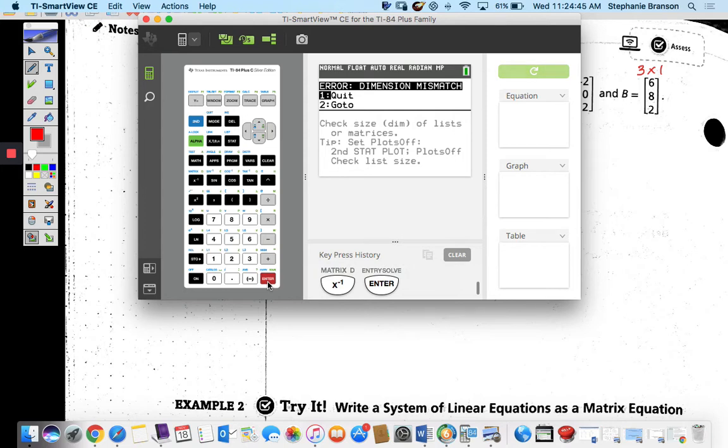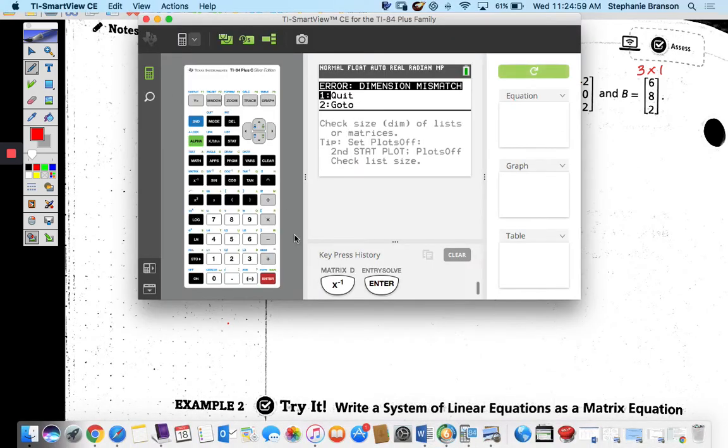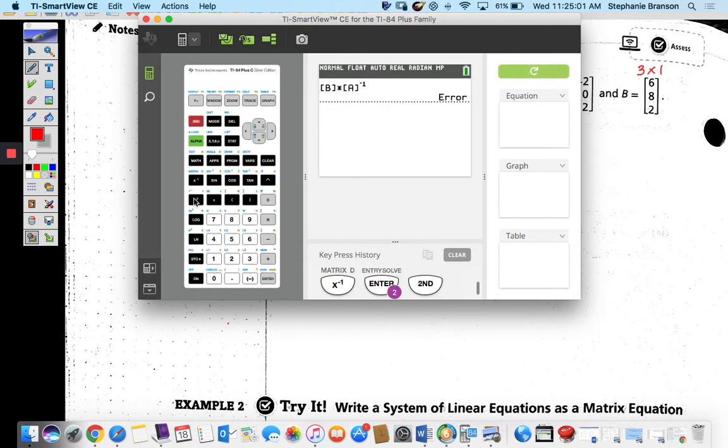Well, the good thing about multiplication is you can switch things around and it still equals the same thing. So let's try A to the negative 1 times B. So the inverse of A times B. Let's see if that will let us multiply. The inverse of A times matrix B. And it does, doesn't it?